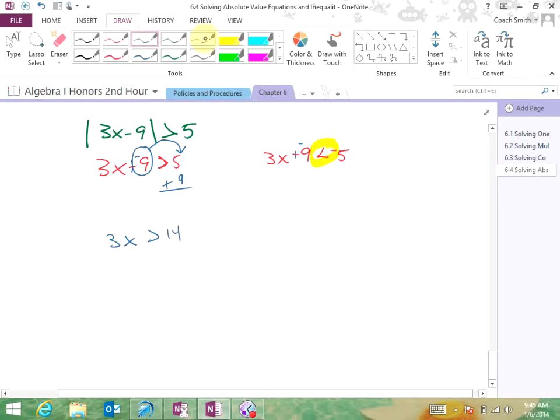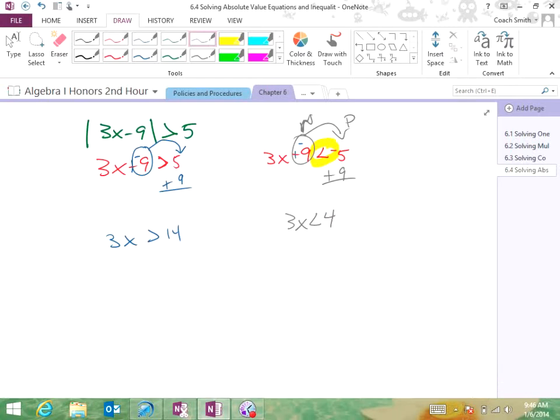I'm going to do the same thing over here. I'm going to take that negative 9 and put it over here. It becomes a positive, and that gives me 3x is less than... it's less than what? 4. It would be positive 4.